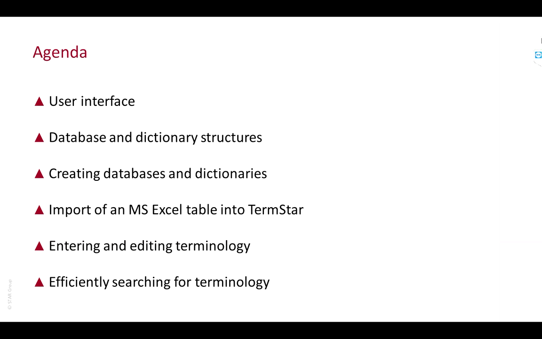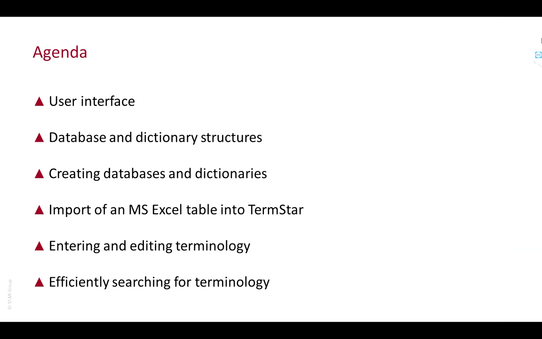And this dictionary is empty at first. I'm going to fill it with terminology by importing a simple Microsoft Excel table. After that, I'm going to enter terminology into the dictionary manually and edit this terminology. Finally, I'm going to conduct several searches in our terminology.